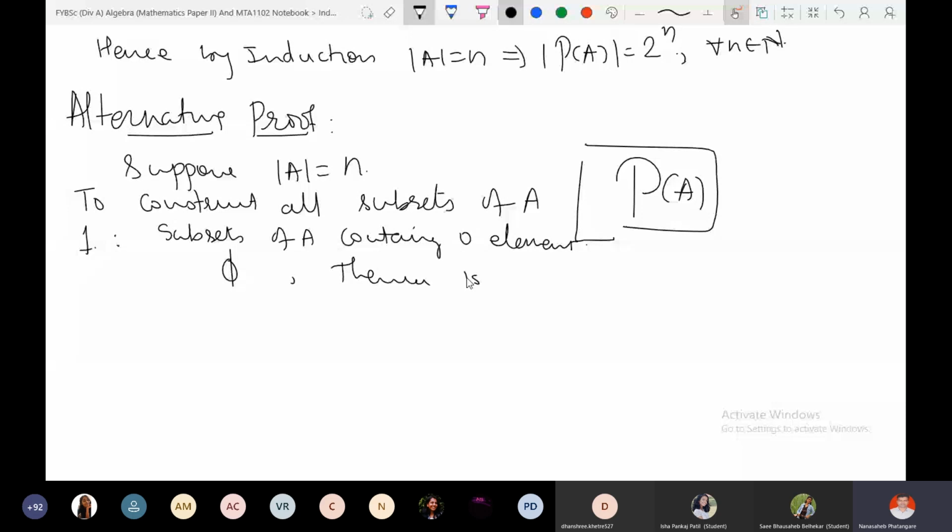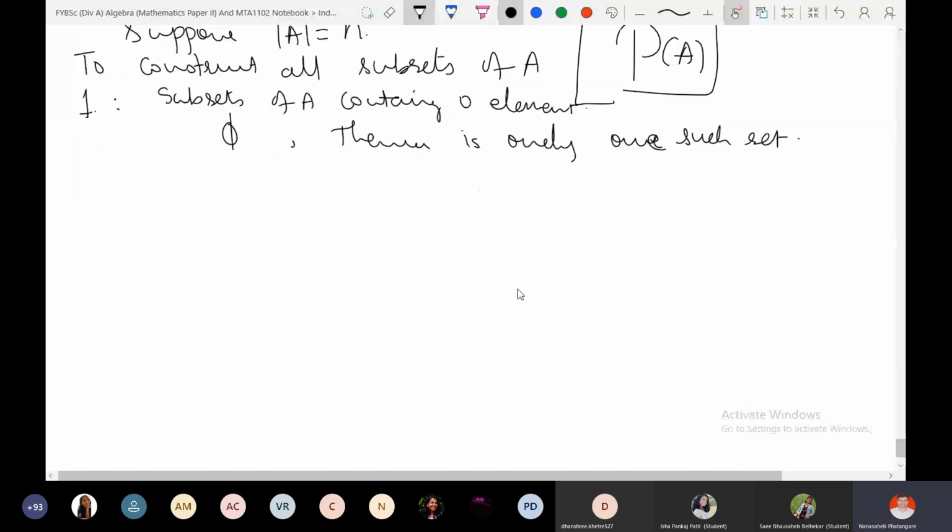Only one. Am I right? Is it clear? First I will construct the set having 0 elements, so only the empty set. And so how many empty sets are there? Only one, right? Then what is the next step? Right, so I will construct the one element sets.